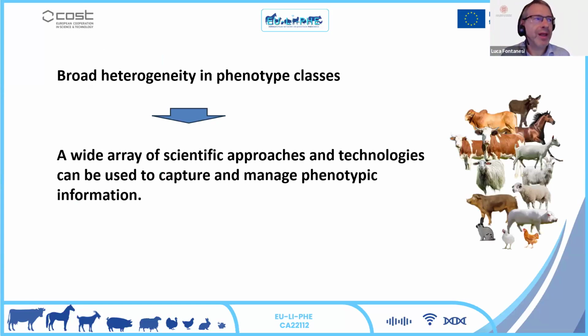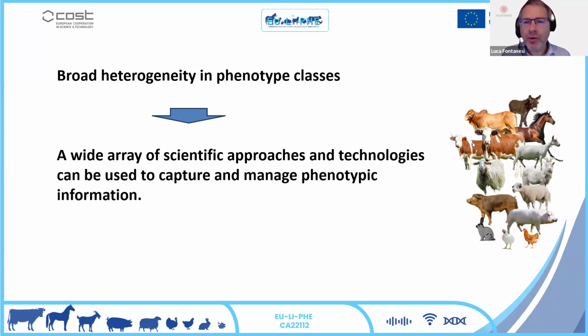So there is clearly a broad heterogeneity in phenotypic classes. That depends on the level at which phenotypes can be collected, recorded, and measured, but also on the heterogeneity of the animal species that we deal with. Livestock species go from large animals to very small animals, with many different objectives in terms of breeding.